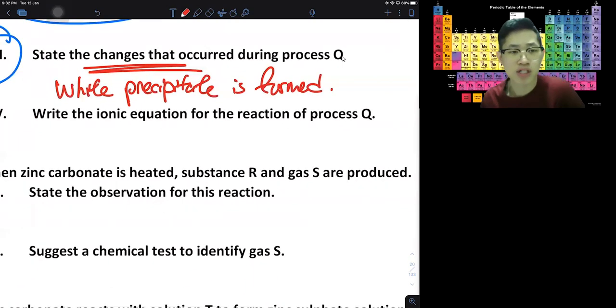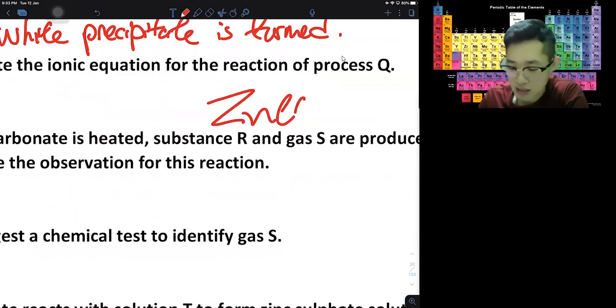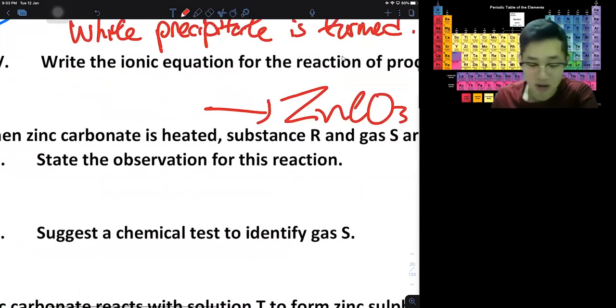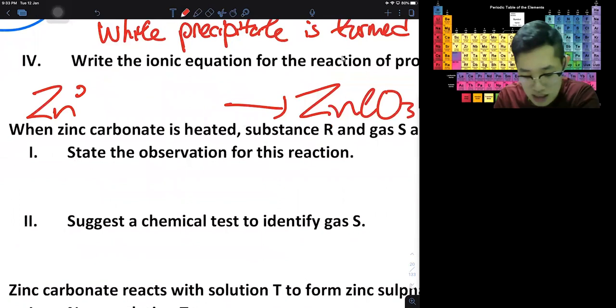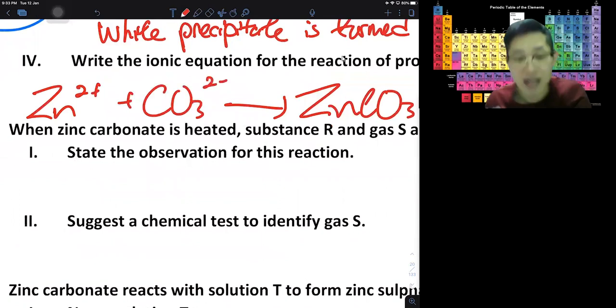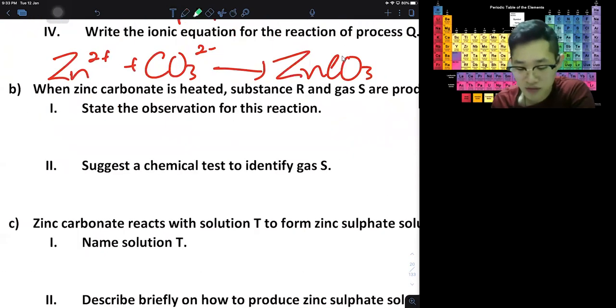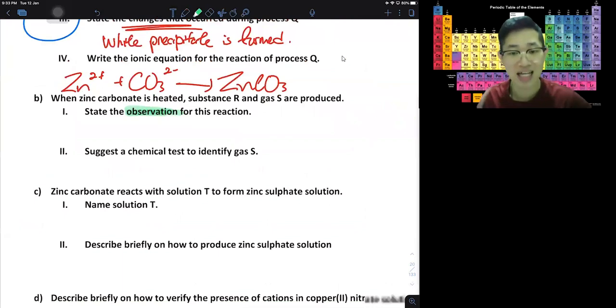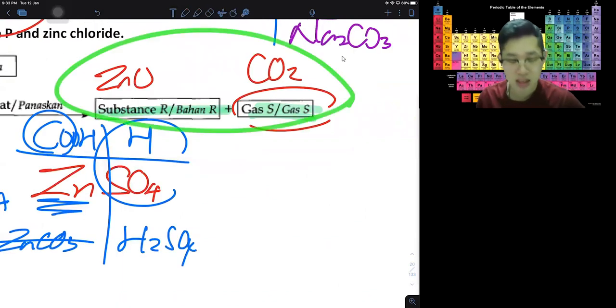Write the ionic equation. Ionic equation for the insoluble salt is the easiest ionic equation to write. To make this zinc carbonate, ask yourself the ions needed to form this compound. Zn2+, CO3 2-, zinc carbonate. Next, when zinc carbonate is heated, what is the observation? So same, when the product are being produced, what color can you see? Color.